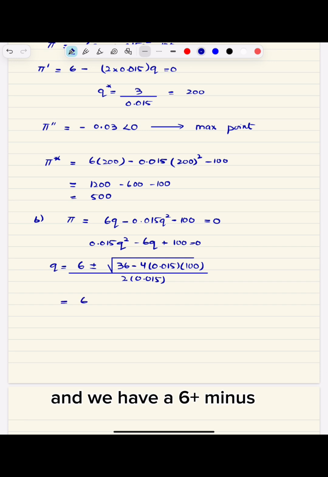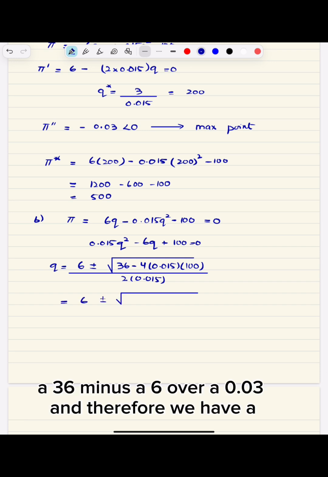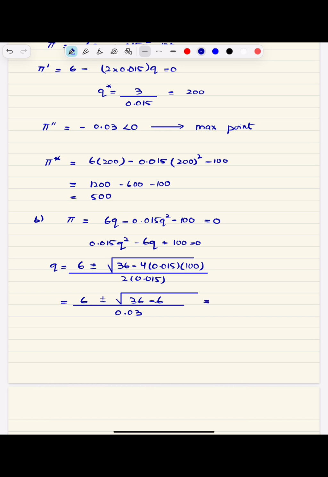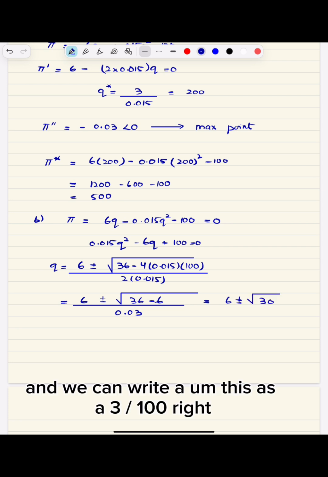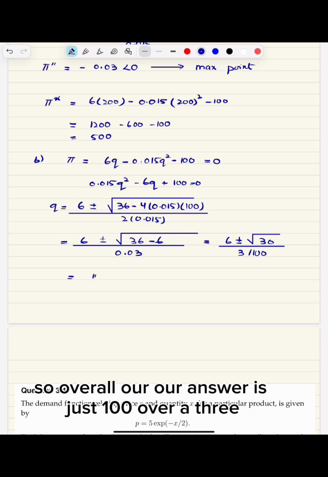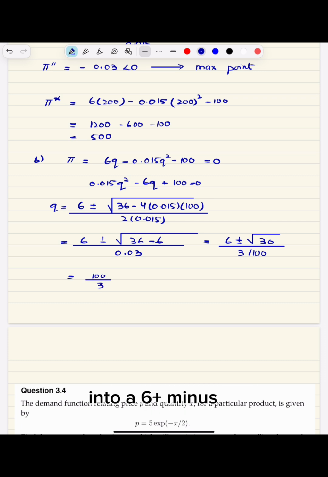We have 6 plus minus square root of 36 minus 6 over 0.03, and therefore we have 6 plus minus square root of 30, and we can write 0.03 as 3 divided by 100, right? So overall our answer is 100 over 3 into 6 plus minus square root of 30.